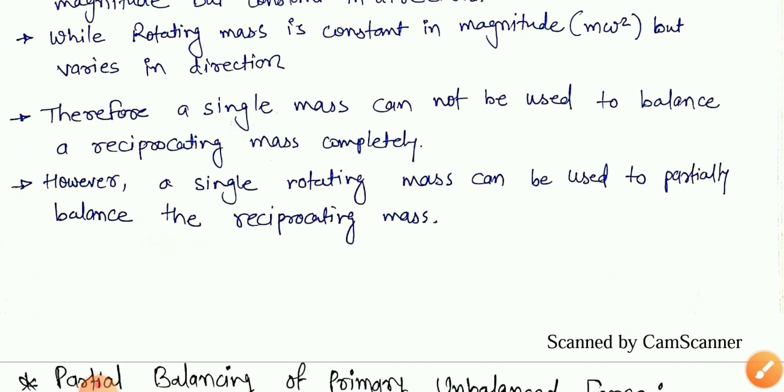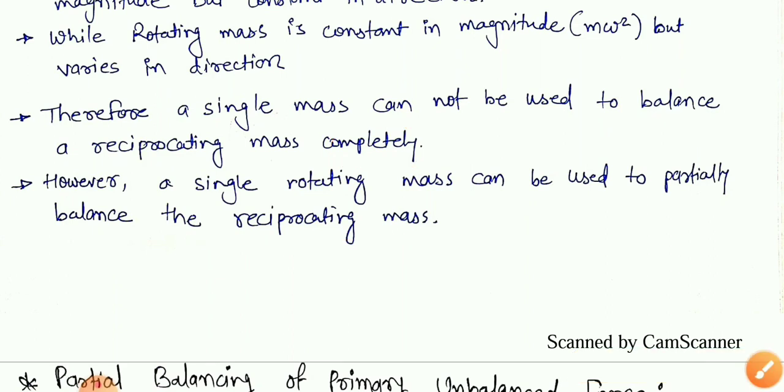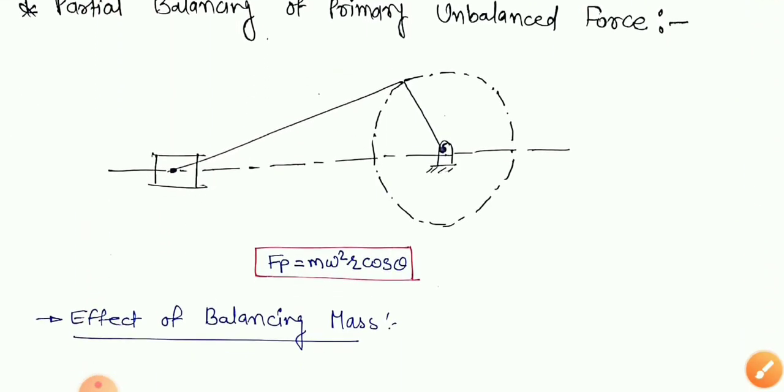Therefore a single mass cannot be used to balance the reciprocating mass completely. So single rotating mass can be used for partial balance of reciprocating mass. That means we have to partially balance the reciprocating mass. Now as you can see over here, the partially unbalanced force is equal to Fp, m omega square r.